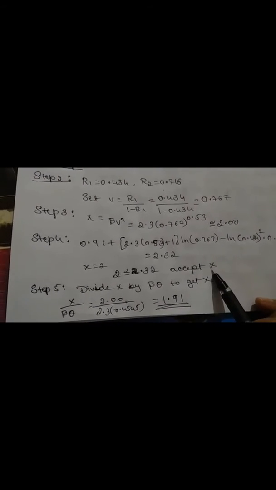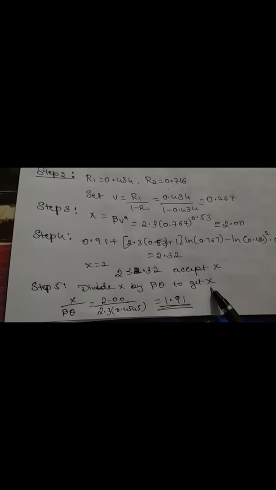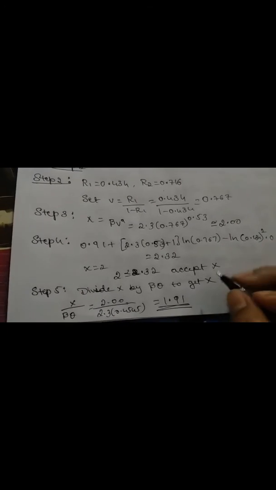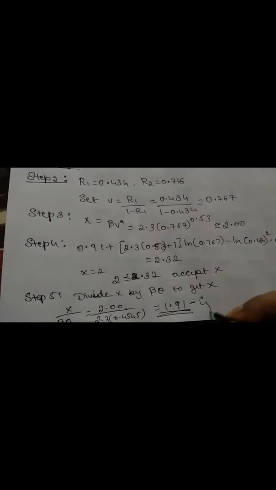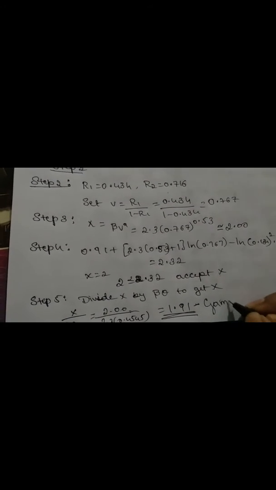If X is accepted, what is step 5? You have to divide X by beta theta to get your gamma variate. X is 2, beta is 2.3 and theta is 0.4545. If you divide, you will get 1.91. This is considered your gamma variate.